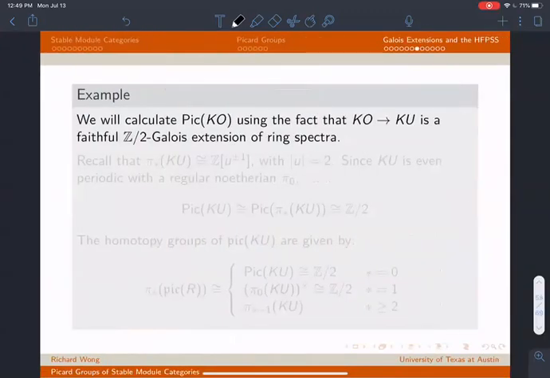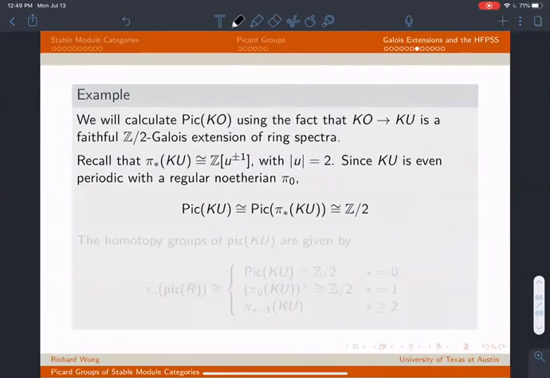So to compute the Picard group of KO, we're going to use the homotopy fixed point spectral sequence. So the first thing that we need to do is figure out the homotopy groups of the Picard spectrum of KU. And so we need to figure out what happens in pi 0 of pic KU, which is the Picard group of KU.